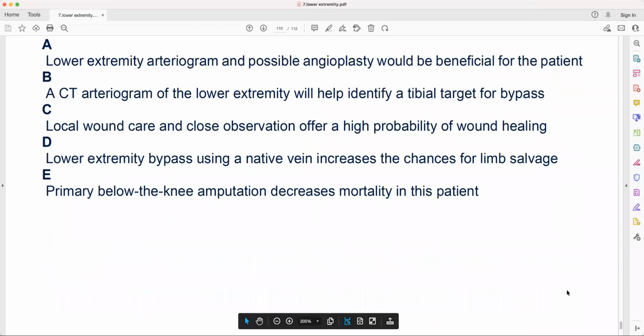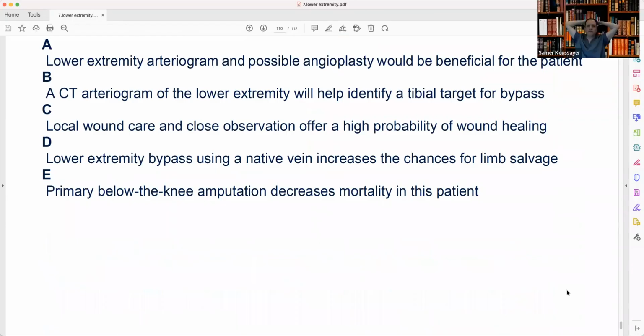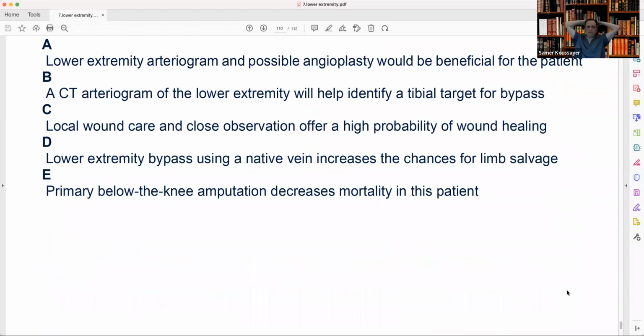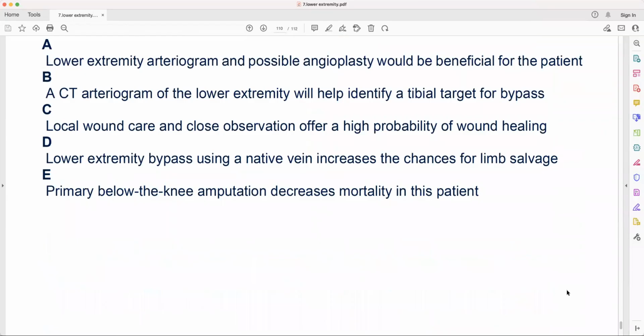A: lower extremity arteriogram and possible angioplasty would be beneficial for this patient. But the wound has good granulation tissue, and we said we don't need to do further. B: a CTA of the lower extremity will help identify a tibial target for bypass.